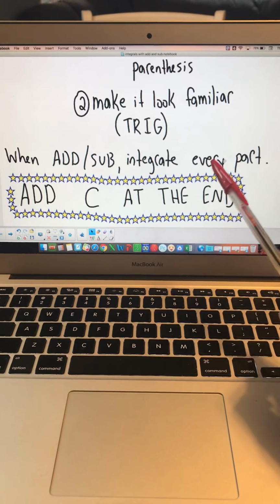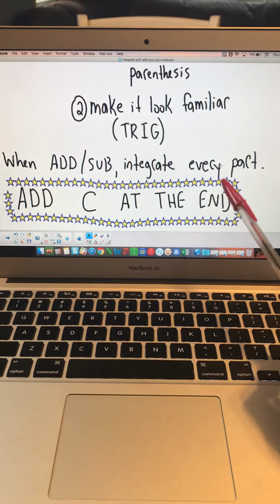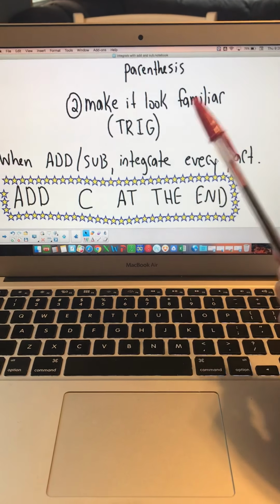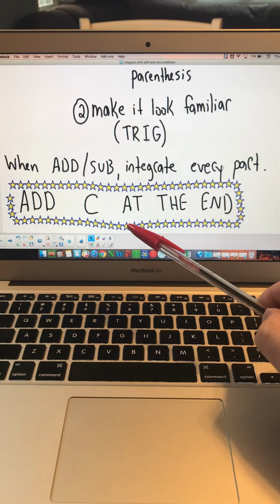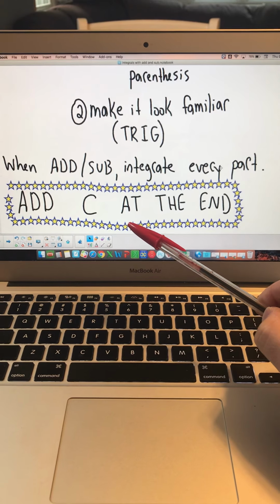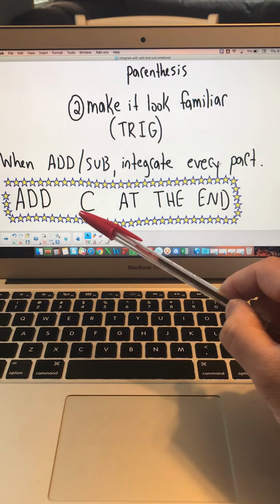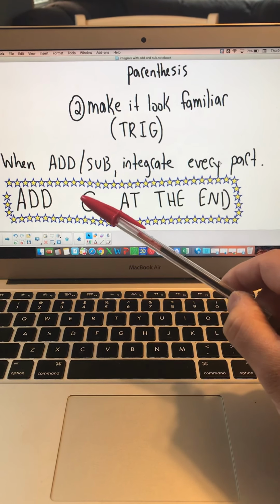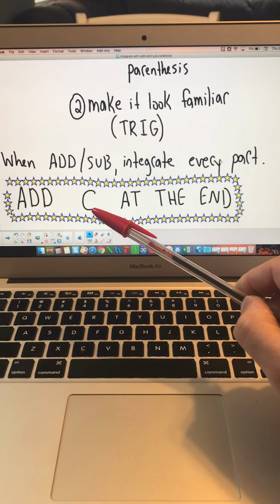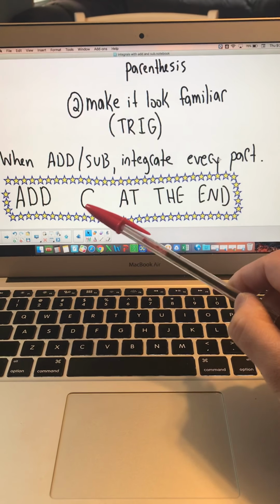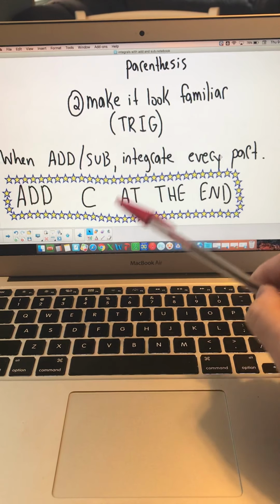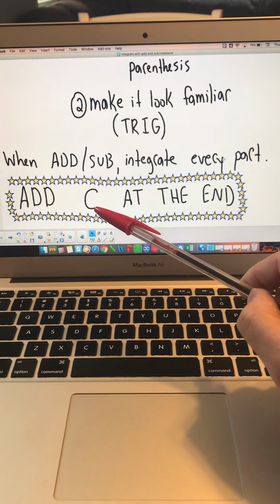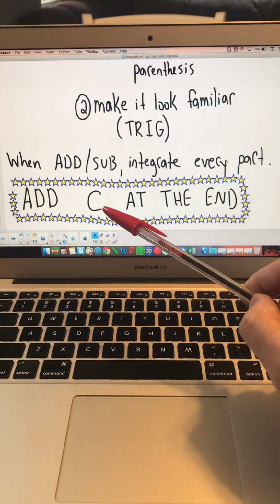Later down the road, we find out what that constant value is, because if you remember, when you take the derivative of a constant, it goes away. It turns into 0. So we got to add C. You got to add our boy Carlos. Don't forget Carlos. When we integrate, Carlos has to be at the party.